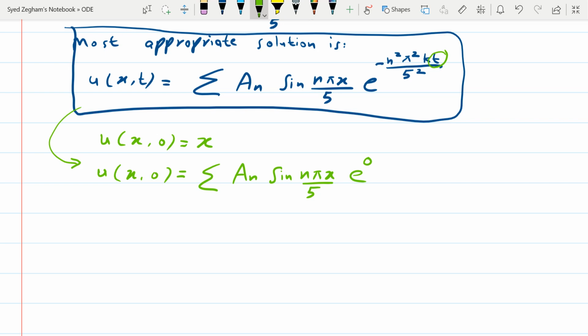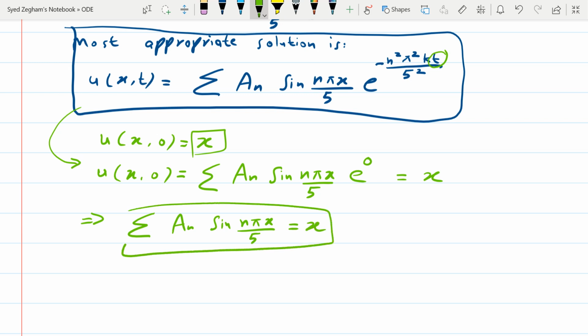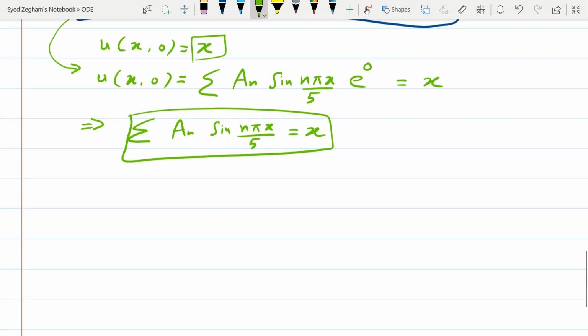And this value should be equal to x, right? So we are getting summation an sine n pi x over 5 is equal to x, which takes us back to half range Fourier series.